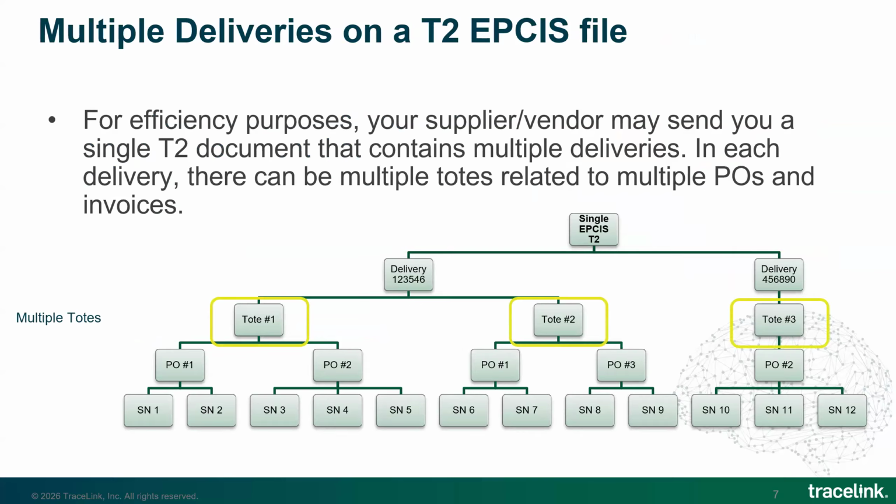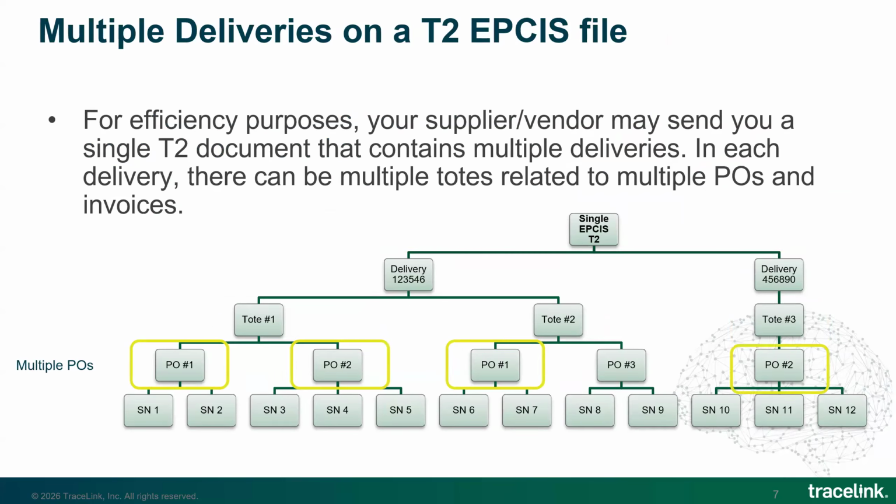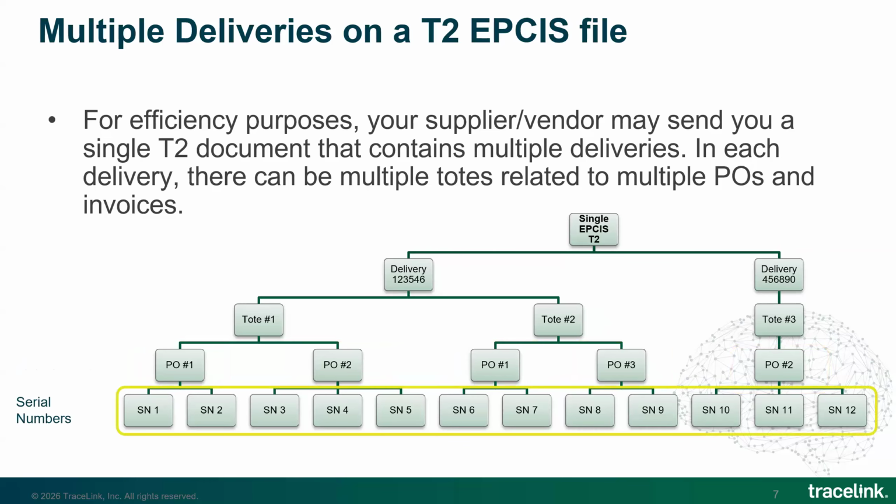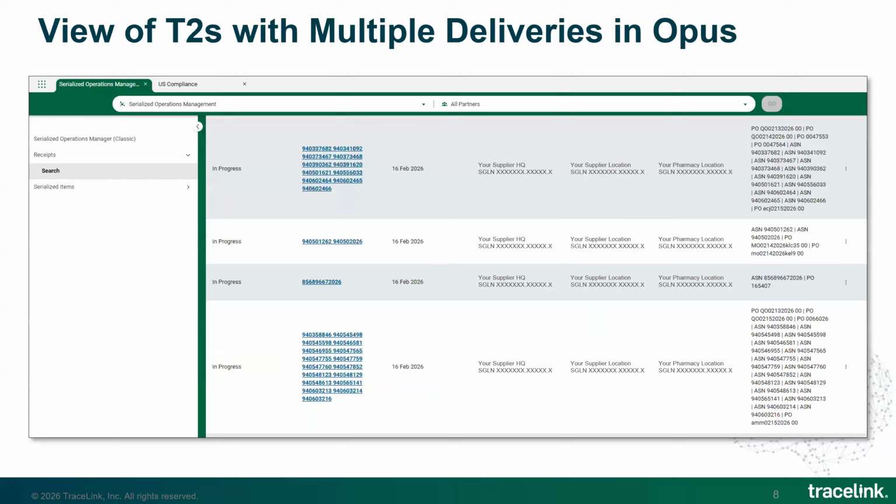Within the totes, you can also have multiple POs. So you can see this hierarchy that is developing. Within those POs related to the totes, you then have all your serial numbers. And it's really important that when you're receiving, you do receive against the correct T2.